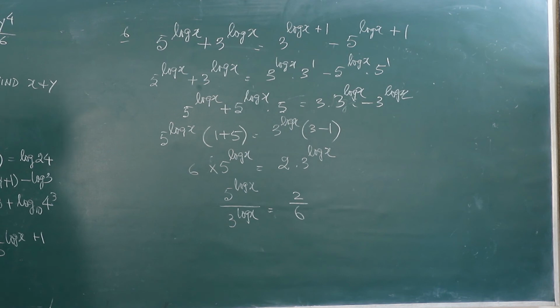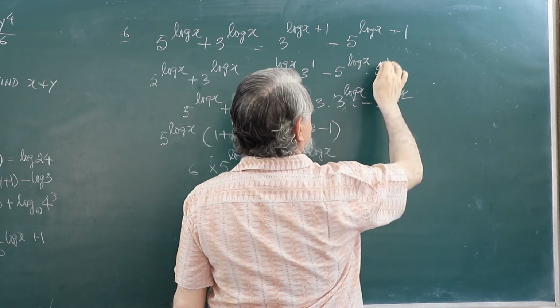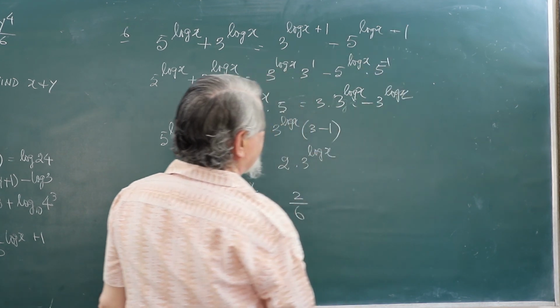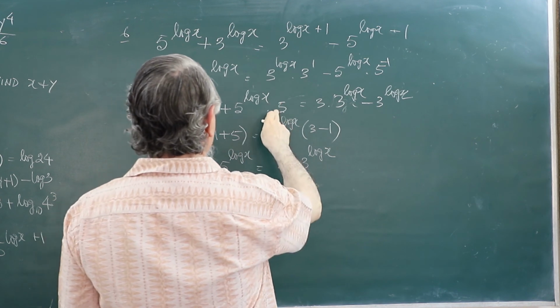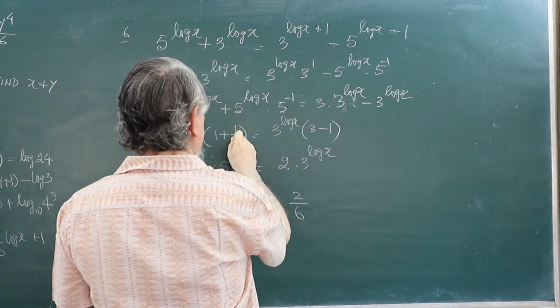1 upon 3, 5 upon 3. There is something wrong. Just a moment. The question has to be checked. This is log x + 1 in the exponent, so it is 5 to the power minus 1, so it will become 1 upon 5.